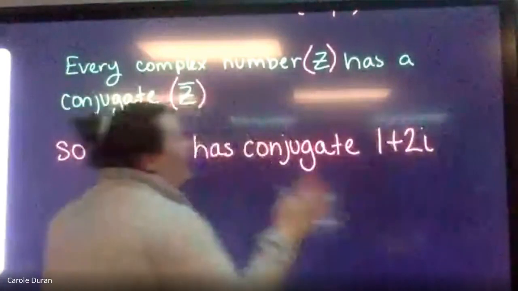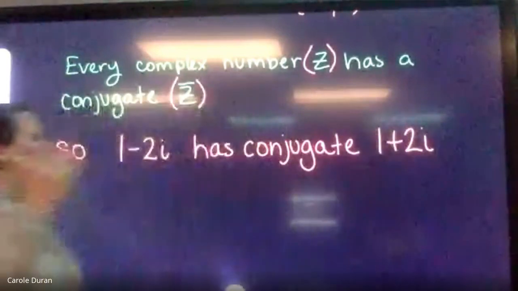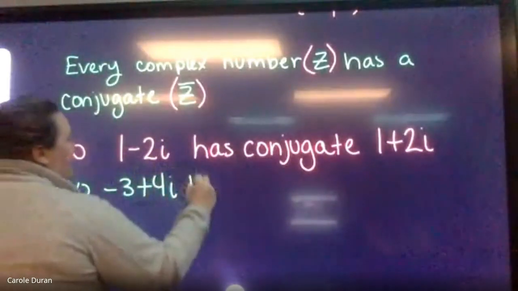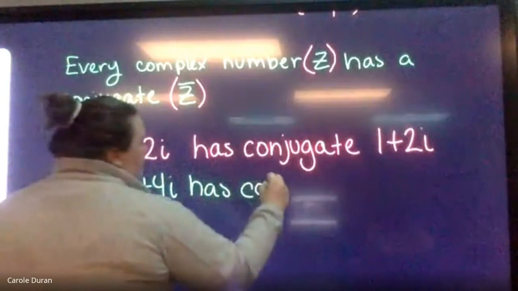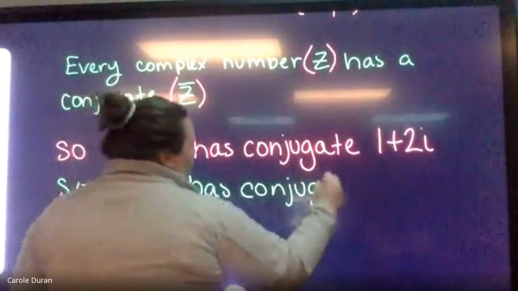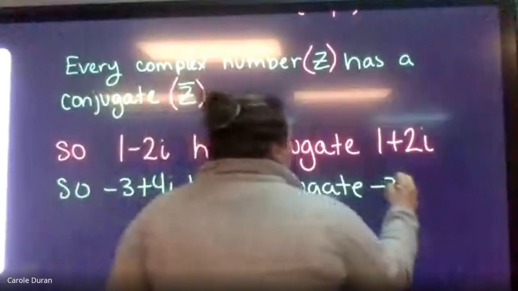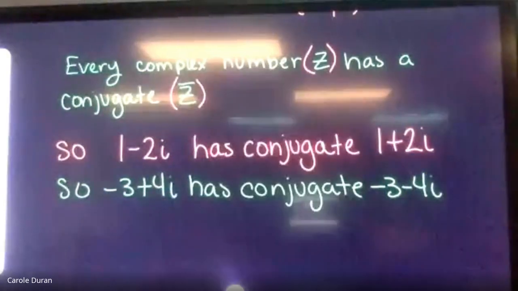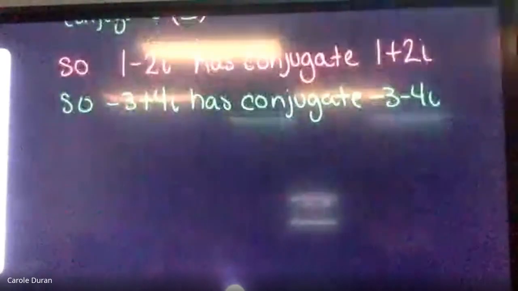Only the sign in the middle changes. Another example: if I have -3 plus 4i as my complex number, then its conjugate would be -3 minus 4i.